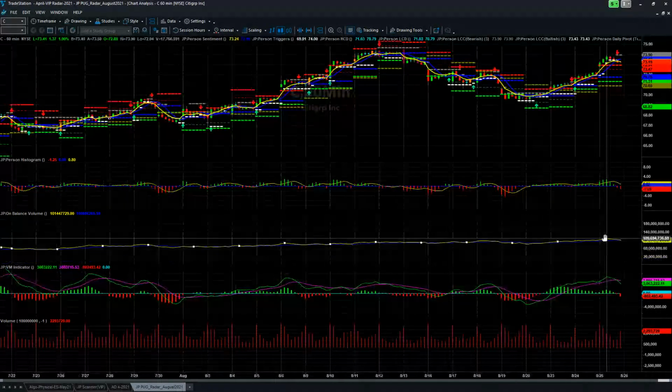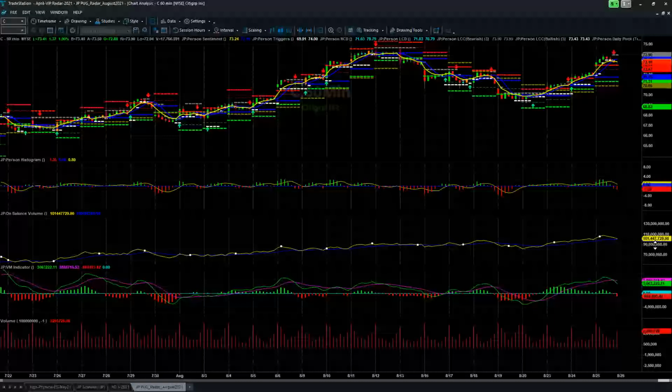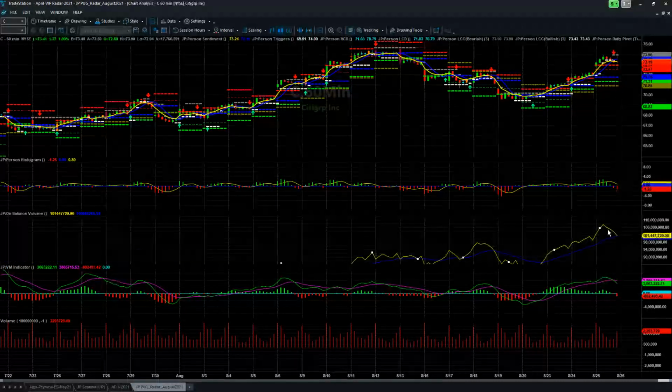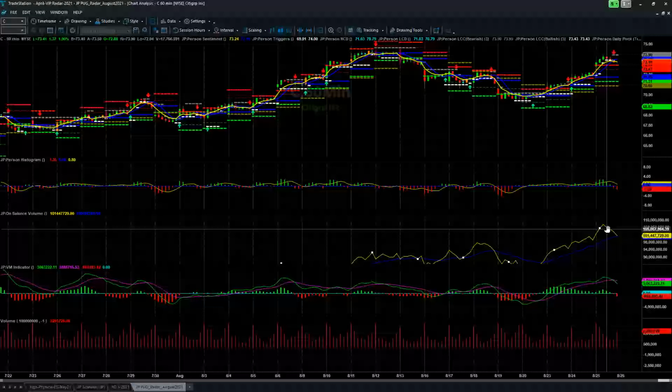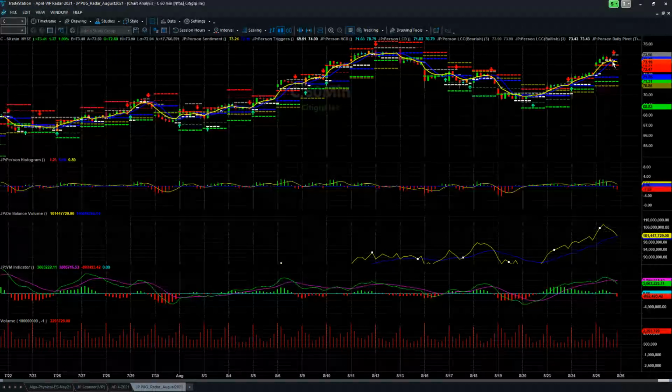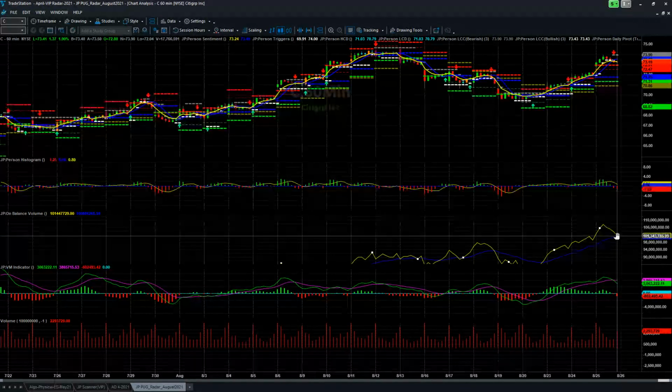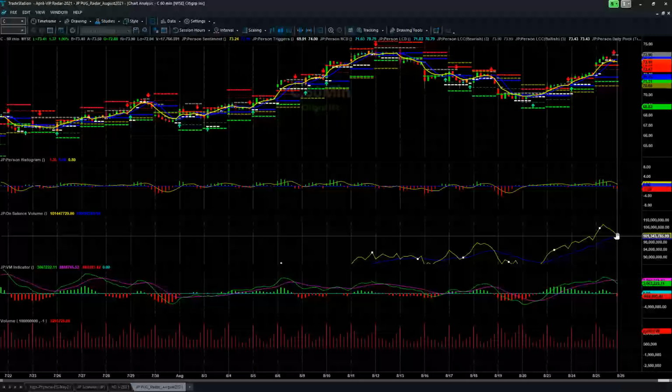Let's double check what the scan revealed. It specifically said that on balance volume was lower than three bars earlier. So one, two, three bars earlier. The criteria was correct and is met: the current volume was lower than three bars ago.